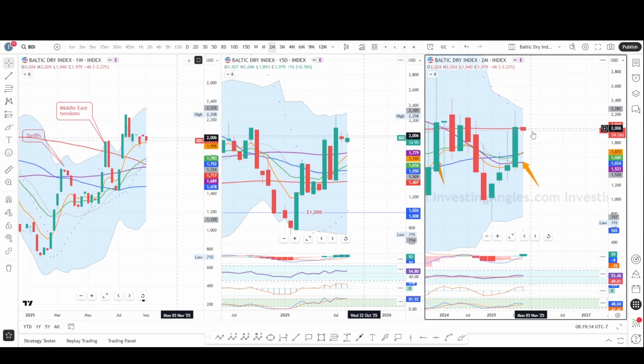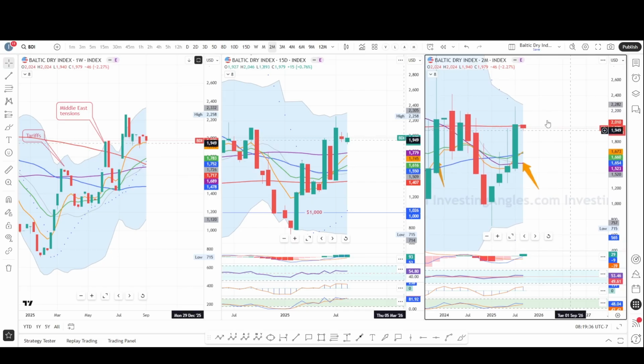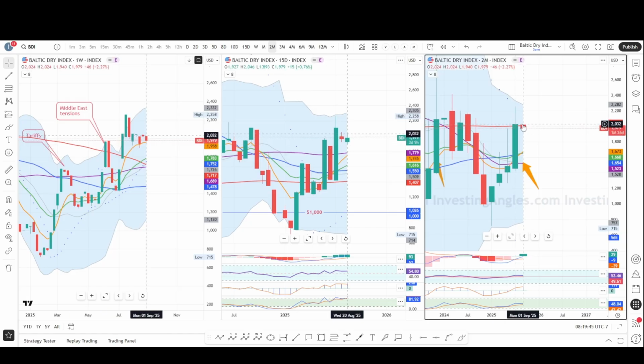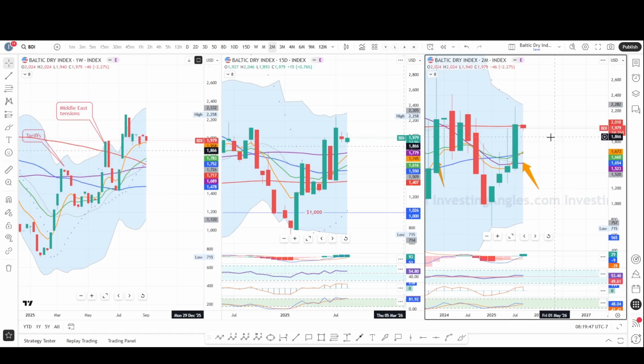And I'd like to reiterate here that the 2 months frame, which closed in August, formed a very strong bullish candle, and the chances for the next 2 months to be bullish are significant.